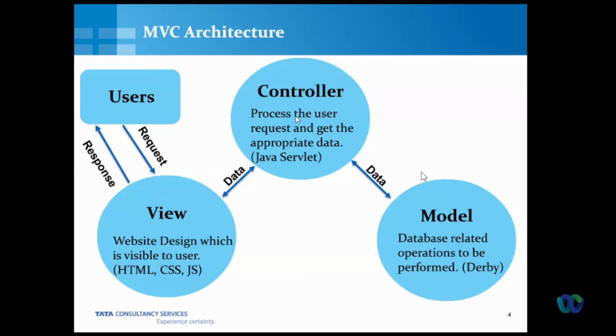And what is the use of the controller? Handling the user input requested by the user, for example URL requests and submissions, and invoking business logic by calling methods on the model. This is the responsibility of the controller, right?